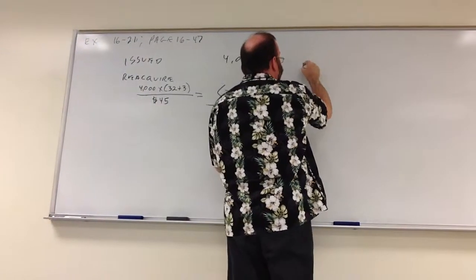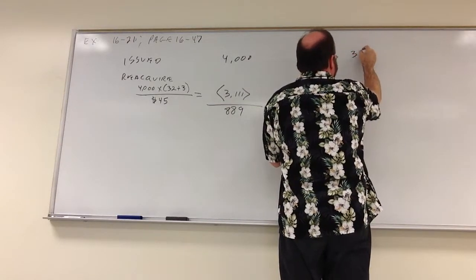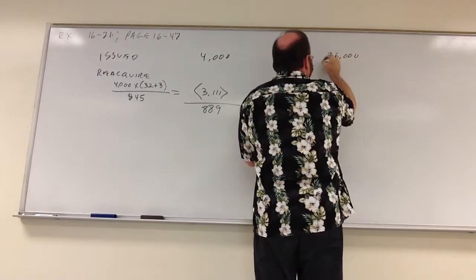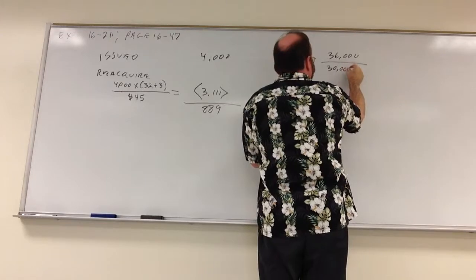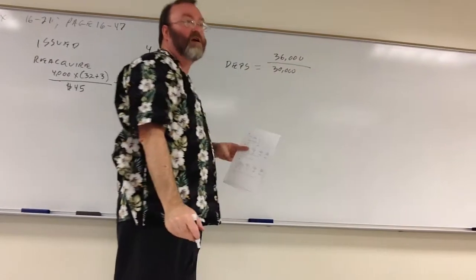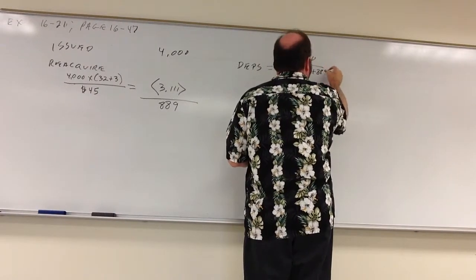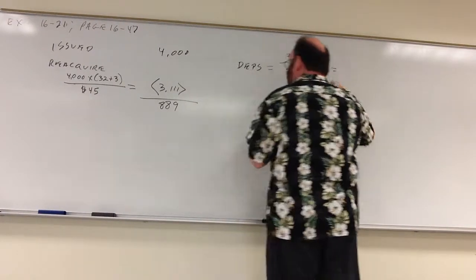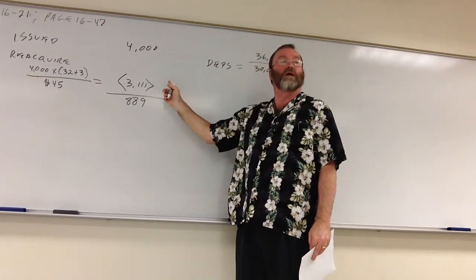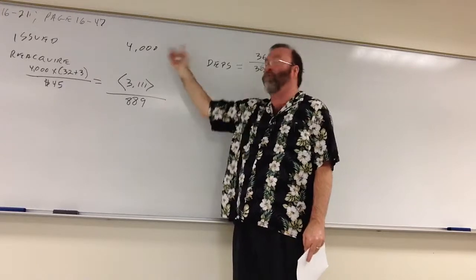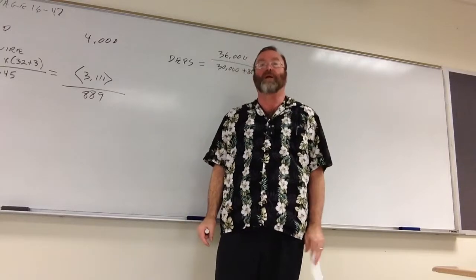So our diluted earnings per share is going to be equal to the 36,000 of net income divided by not just the 30,000 common shares outstanding, but 30,889. I subtracted 3,111 treasury shares from the 4,000 stock that we issued under this option plan.